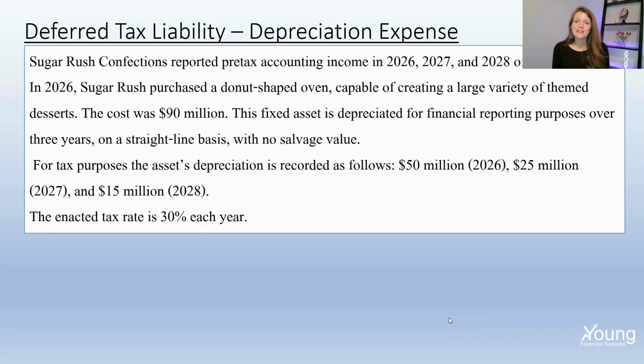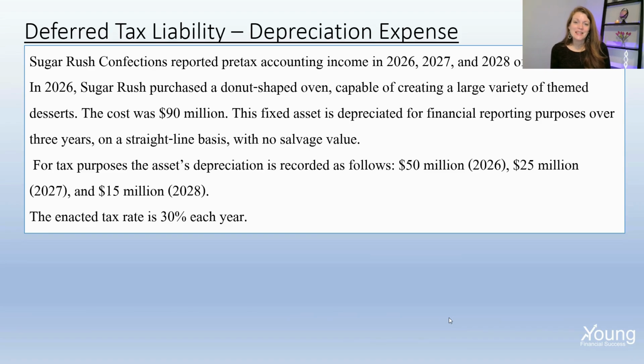They reported pre-tax accounting income again of $100 million in each year, but this time we don't have any installment payments. In 2026, Sugar Rush purchased a donut-shaped oven capable of creating a large variety of themed desserts. The cost was $90 million. Wow.